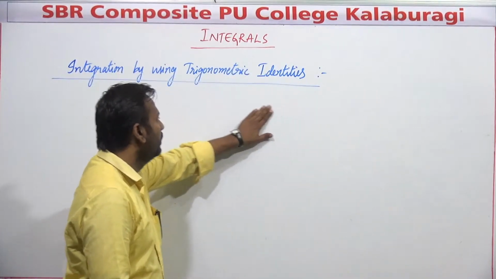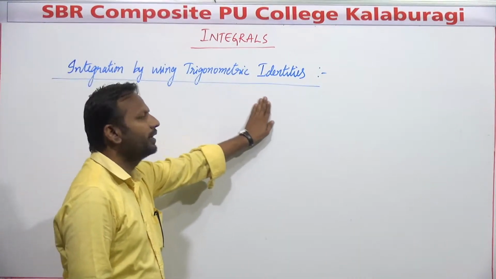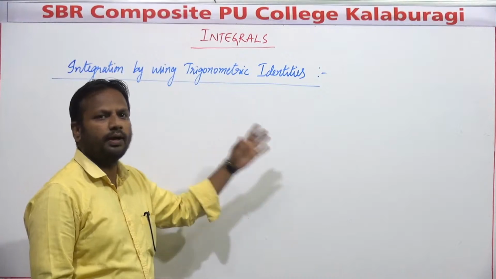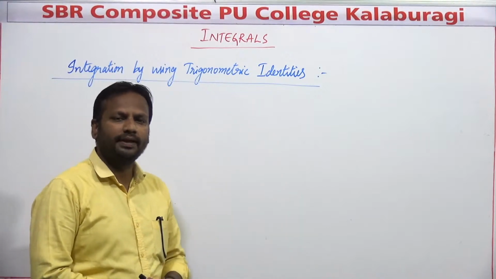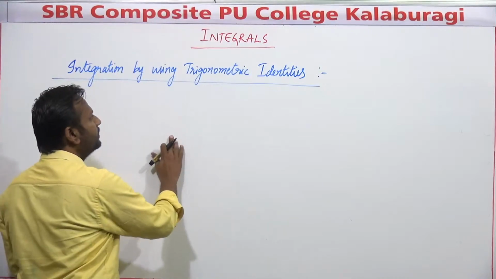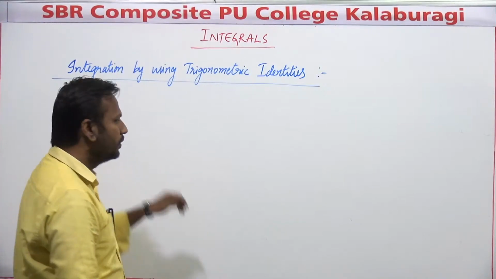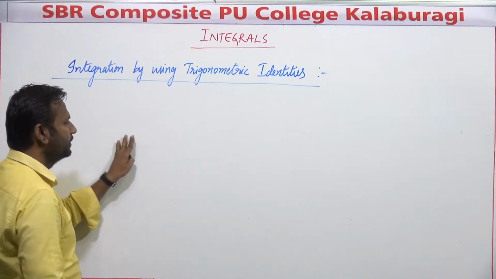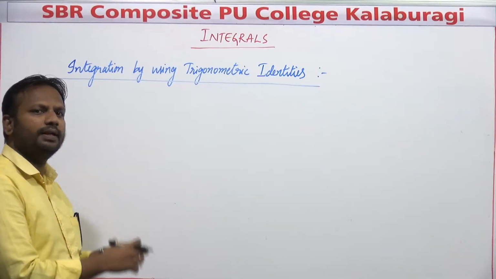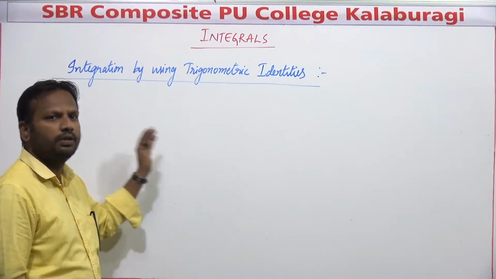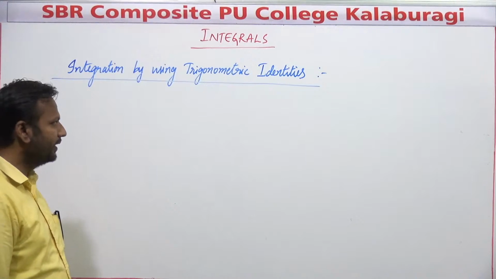So we need to know trigonometric identities and apply them in the complex forms of integrals. What are the formulas you have to remember? Note all these down in the last page of your book, because it will be helpful to find the integrals.